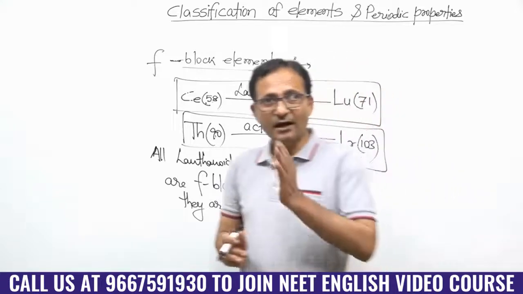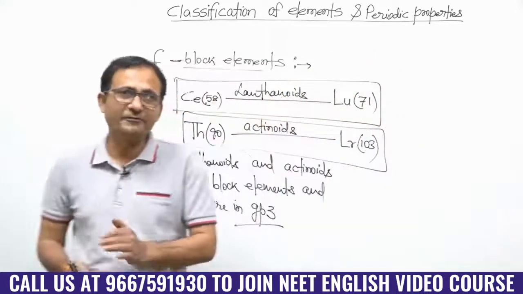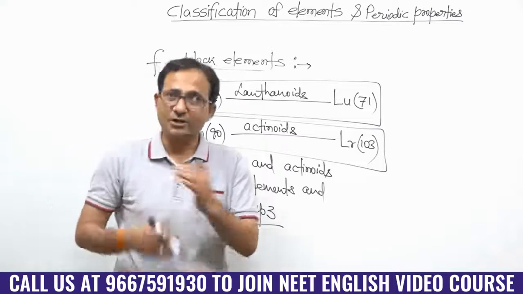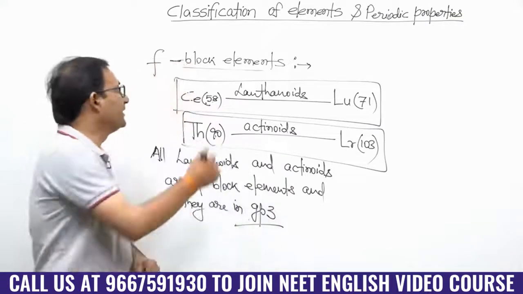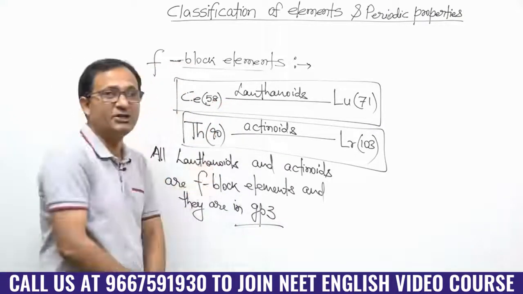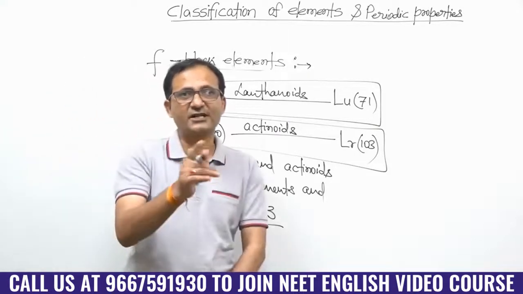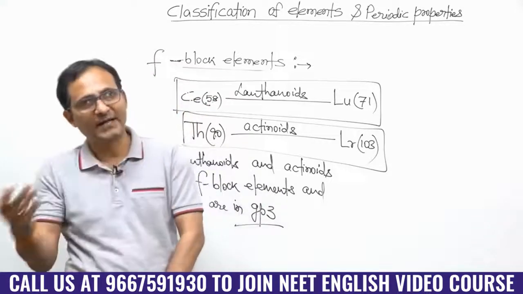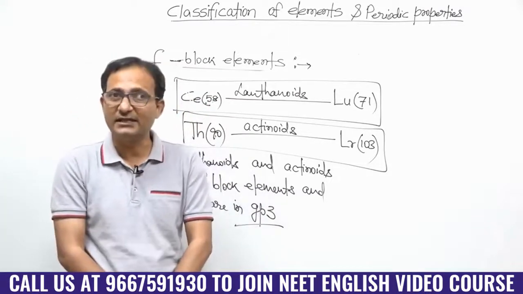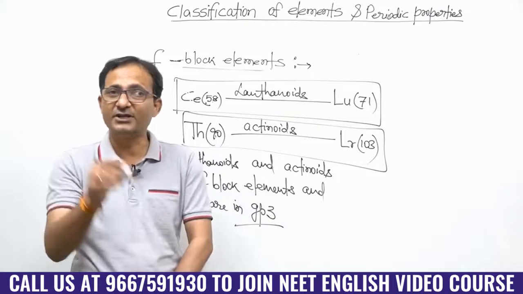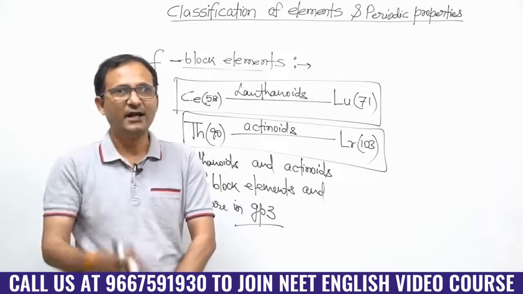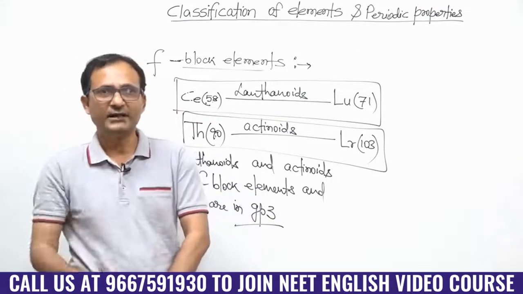But if the atomic number of the given element does not fall in lanthanoid and actinoid category, then first write the ground state electronic configuration of that element and then see the last electron is entering into which orbital, either s, p or d.